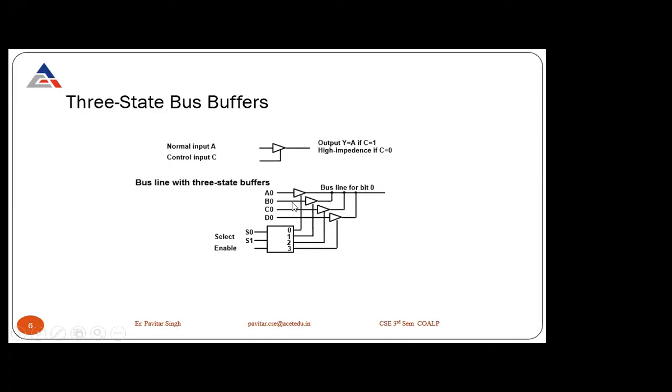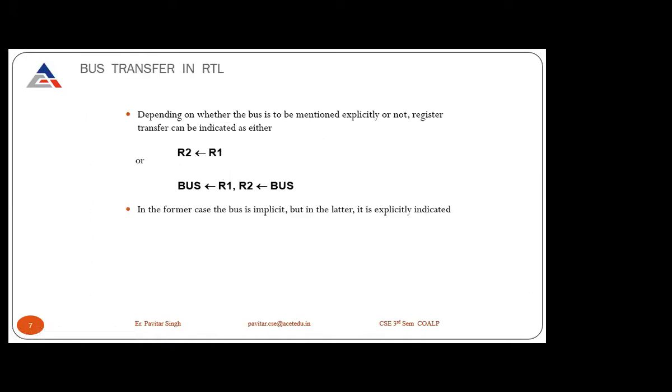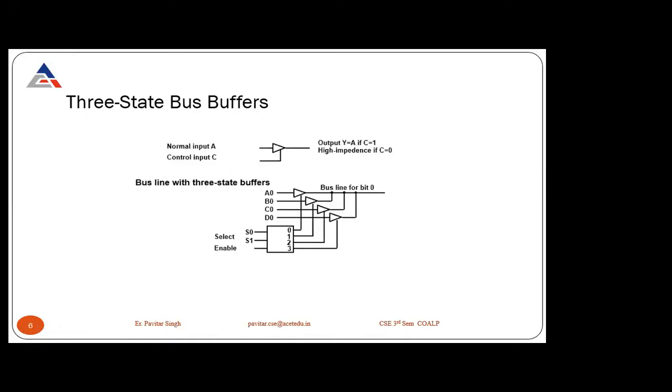Similarly, you have one more circuit for A1, B1, C1, D1, one more circuit for A2, B2, C2, D2, and one more circuit for A3, B3, C3, and D3. I hope the concept is clear to you. So this is the second method for the implementation, the 3-state bus buffer.